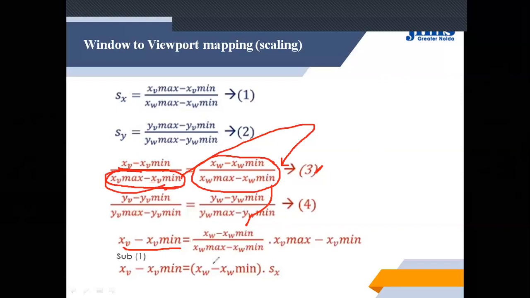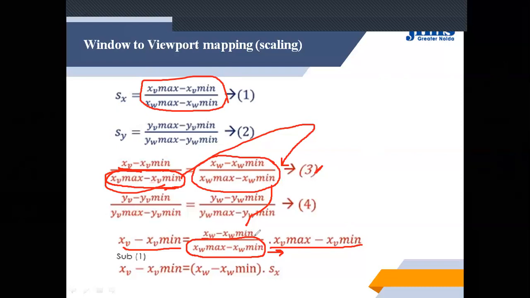Now I know that when I am shifting this value over here, this will be xw max minus xw min upon xv max minus xv min, and from the equation we can say that this equals sx.